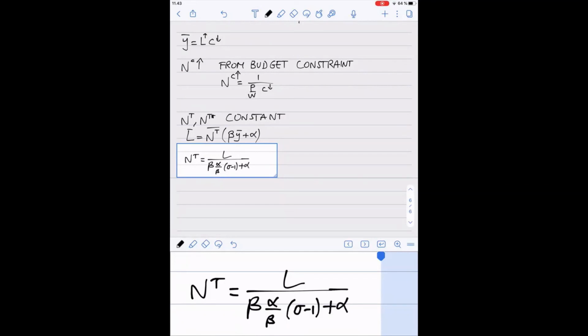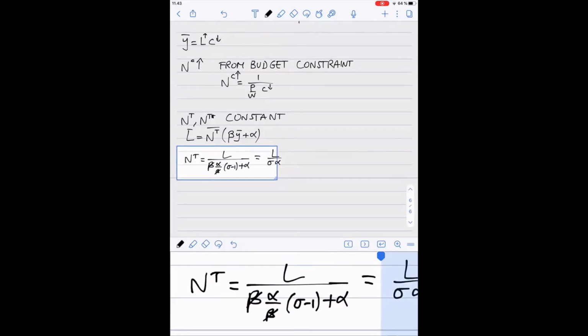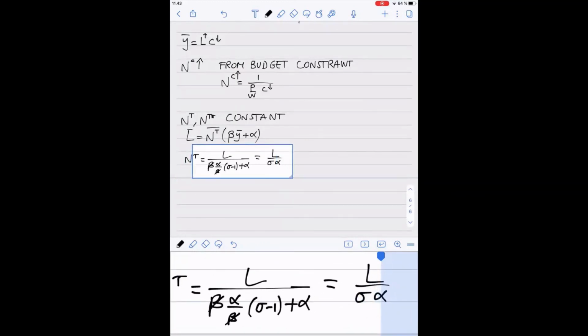So the beta goes away, and we have L over sigma alpha. So the number of varieties available for consumption increases in the size of the country. So bigger economies have more varieties, which we already established before, and declines in the fixed cost per variety, which also makes sense.